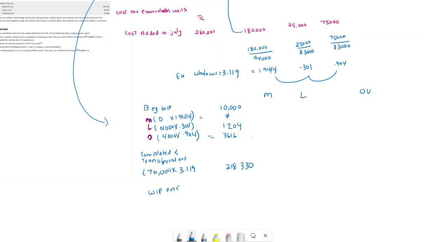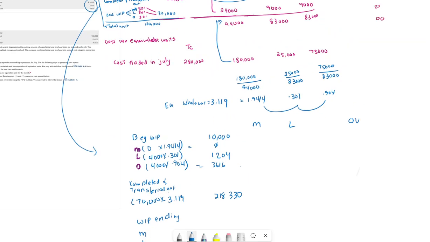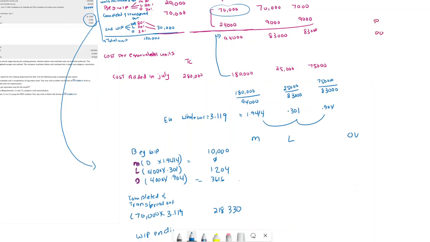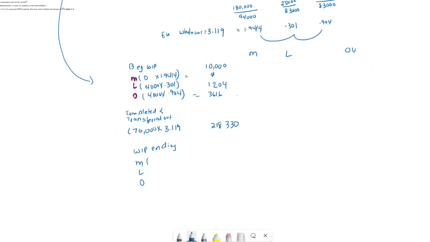Working process ending, and I have material, labor, and overhead. First, I need to do the units. The units are 24,000 for the material, 9,000 for the labor, and another 9,000 for the overhead. The costs here are 1.9414, 0.301, 0.904.